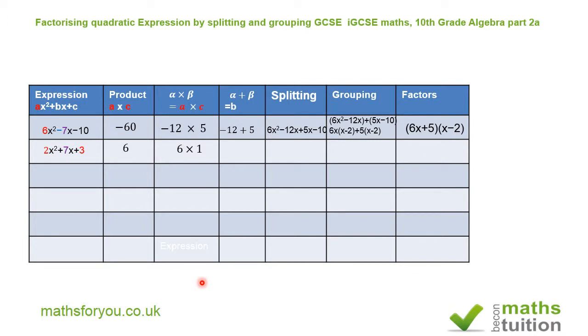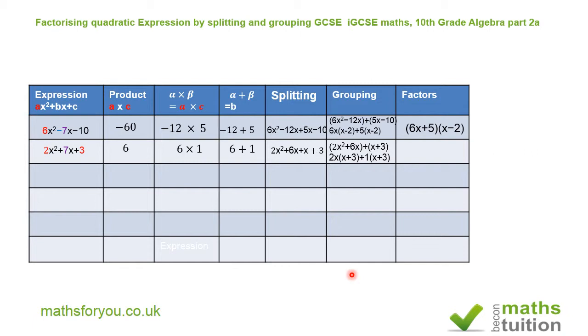And clearly, those numbers will be 6 and 1, because 6 times 1 will give me 6, and 6 plus 1 will give me 7. Now, I'm going to produce my 4 terms by splitting. So I've got 2x squared plus 6x plus x plus 3.